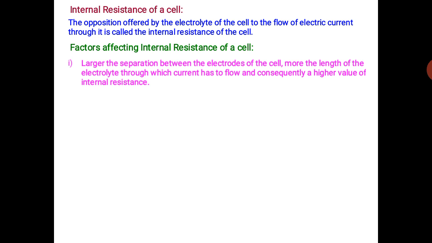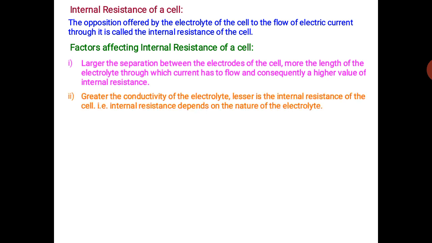Larger the separation between the electrodes of the cell, more the length of the electrolyte through which current has to flow, and consequently a higher value of internal resistance. Greater the conductivity of the electrolyte, lesser the internal resistance of the cell.